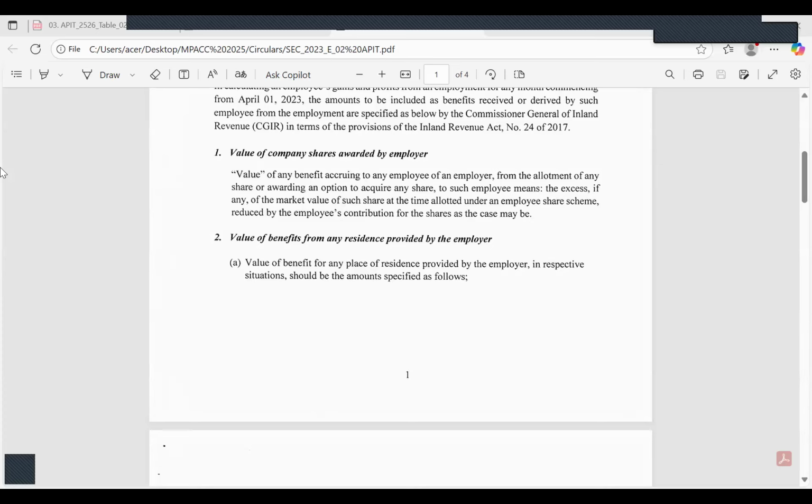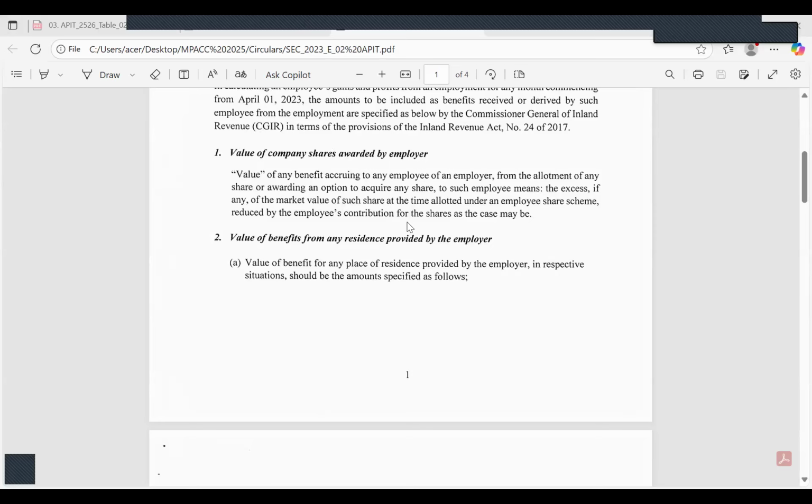So the value for the consideration for the employment benefit is 25, because 100 worth of shares are given to that employee for 75 rupees. Then that means 25 gain is there. So that gain is considered as a benefit of that employee.